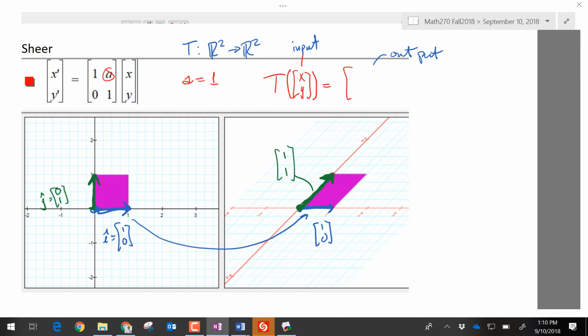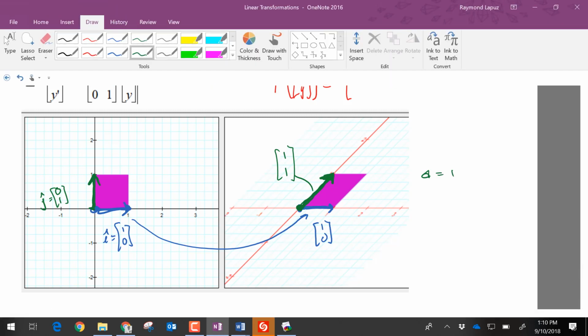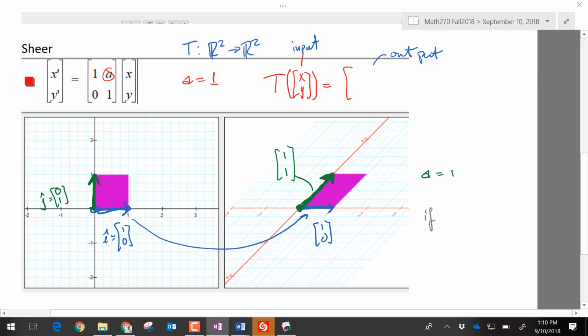So if this were to go to, instead of our a being equal to 1, if a was equal to 2, we would probably expect our new vector to go to 2, 1, which doubles the first component, but doesn't necessarily double the whole vector.